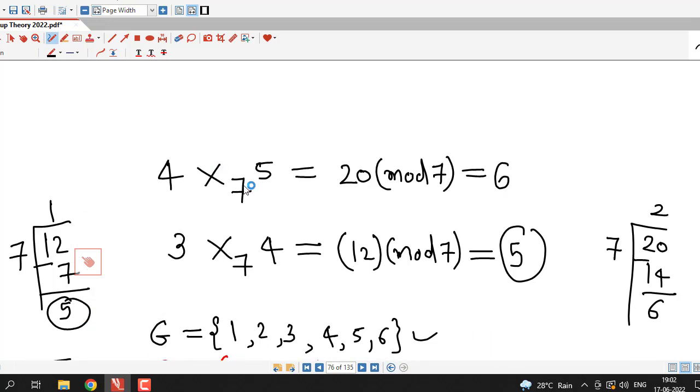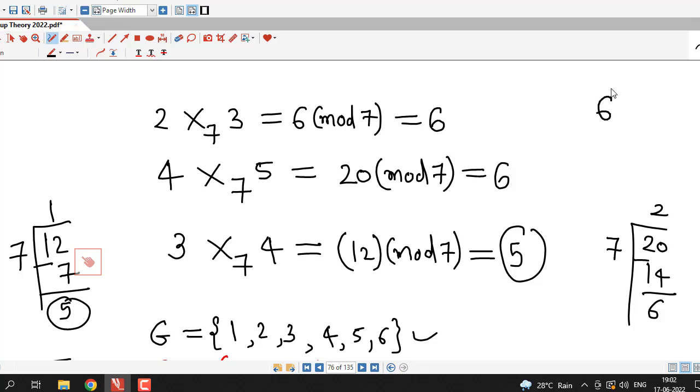And whenever our product is less than 7, for example 2 multiplication modulo 7 3, then I have 6, and 6 modulo 7 will give me 6. When we divide 6 by 7, 7 into 0 is 0, 6 minus 0 is 6, so the remainder is 6.